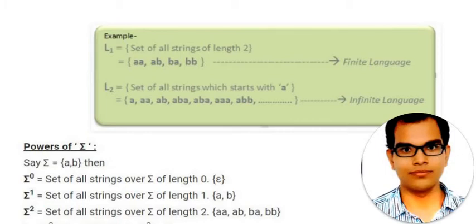So how will we make all the strings? Here empty will not come because empty is not starting with a. So here we can say a. Empty we can add at any place, either before a or after a, because empty means empty.